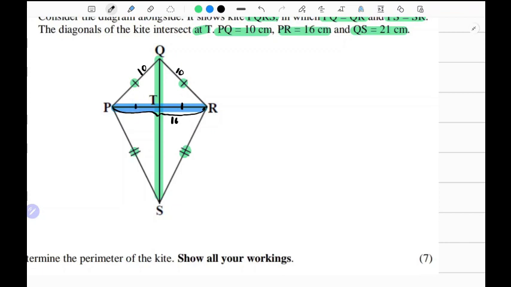So if the full length is 16, it means that TR is 8 and PT is 8 as well. Another thing to note about the diagonals is that they bisect at a right angle. I mean, the long one bisects the short one. They don't bisect each other. The long diagonal bisects the short one at 90 degrees.